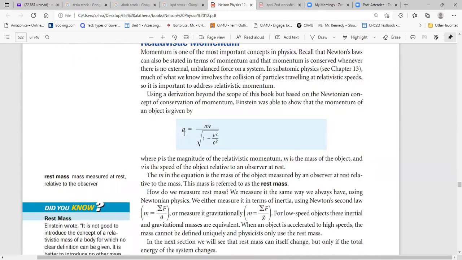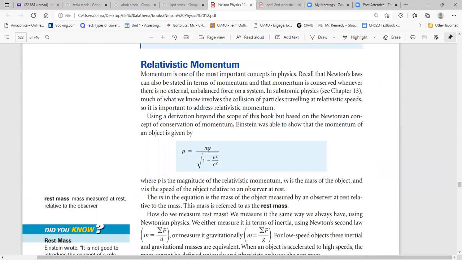For the relativistic momentum, you have mv over the square root of 1 minus v²/c². See that the rest mass is m. When it's not moving at a speed close to the velocity of light, this is non-relativistic momentum.